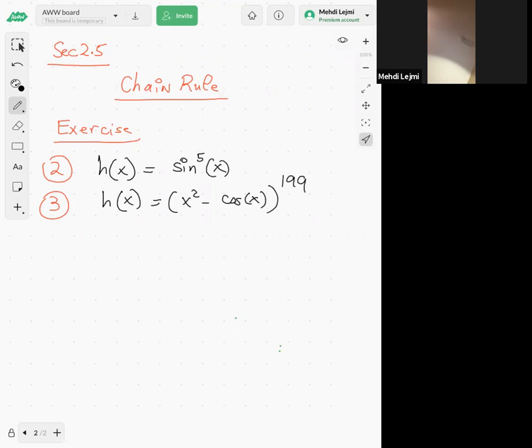Actually, number one was h of x equal to sine of x to the power 5. Anyway, of course, in the exercise you have to compute h prime of x using the chain rule.